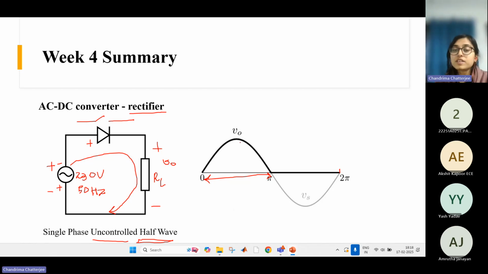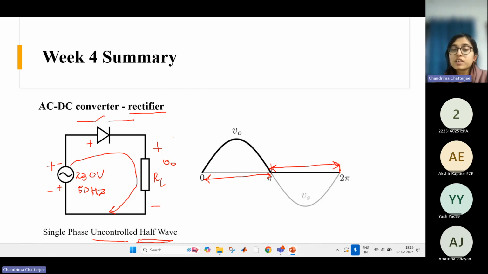Now there is a very obvious disadvantage. Although we are getting a DC voltage from an AC voltage, half of the time we are not getting any voltage at all. We are getting zero voltage. So our average voltage is very less here, because during this entire half cycle there is no voltage across the load.